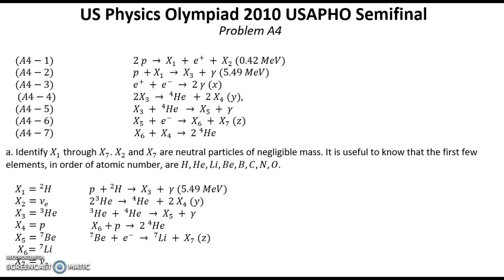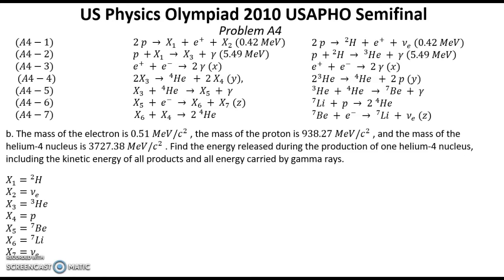So we just identified all 7 particles, which is the answer for question A. Now when we know all these particles, we can put them in these reactions and get a regular view for reactions, which will help us to answer the next questions.